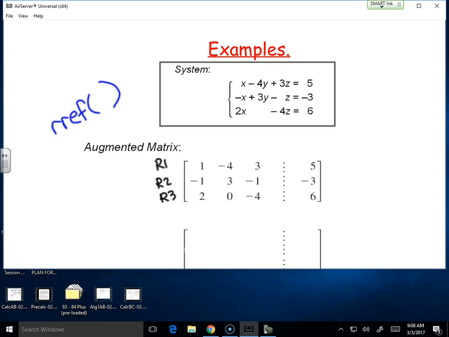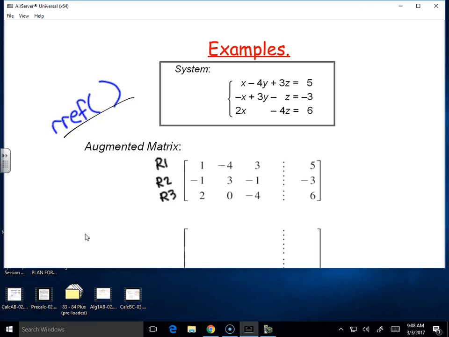Okay, so, in our calculators, who has gotten there? This is what you're supposed to be using.